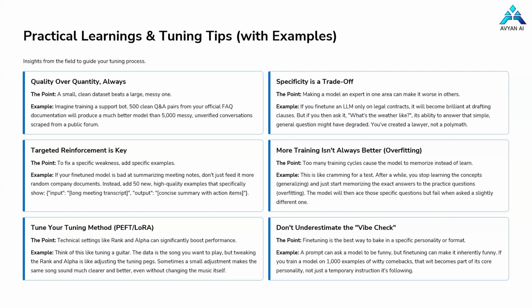But a human lawyer is able to draft those clauses very well, and is also able to answer what the weather is like without any second thought, right? That kind of generalization, the day-to-day tasks that we do, it may not be able to do if you push specificity too much. More training isn't always better, so you have to have that fine balance: when you need to increase your training data set, and when you need to stop.